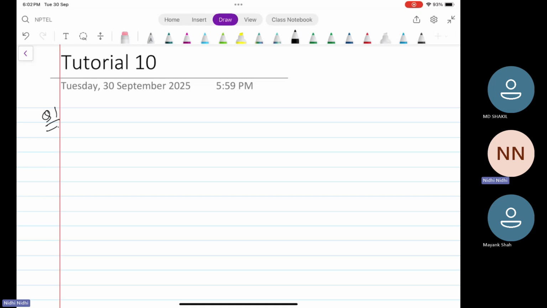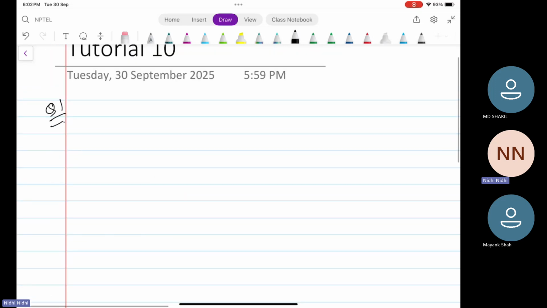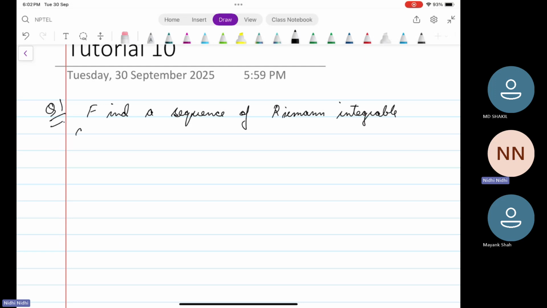Find a sequence of Riemann integrable continuous functions. In particular, we want to find a sequence of continuous functions defined on a closed and bounded interval. We all know that continuous functions are integrable on closed and bounded intervals.